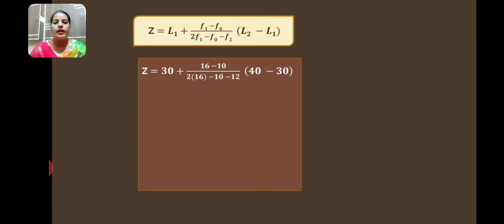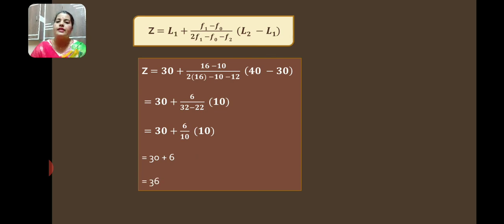The solution is 30 plus 6, since 16 minus 10 is 6, then 2 into 16 is 32, minus 10 minus 12 will be minus 22, which gives 10, and the difference of 40 and 30 is 10. Further you will solve 30 plus 6 upon 10 into 10, so the 10 will be cancelled, and 30 plus 6 will be 36, and that is our mode.